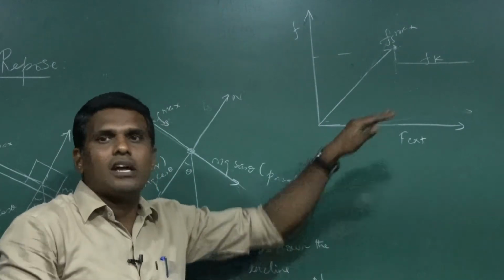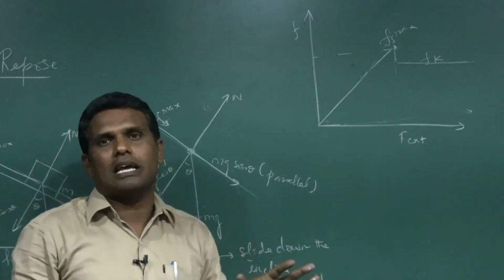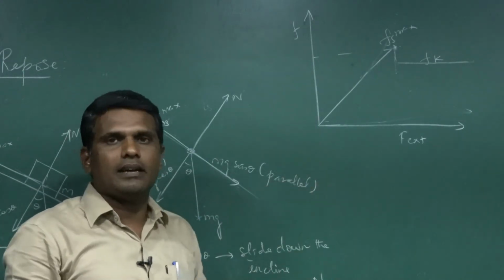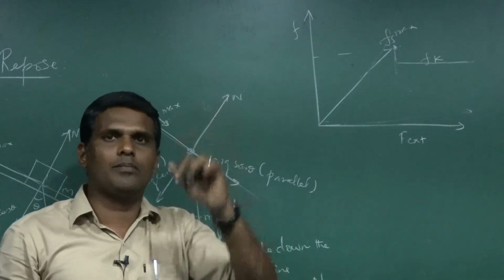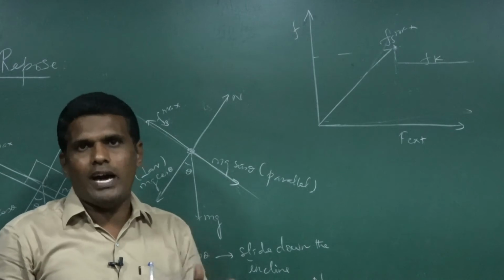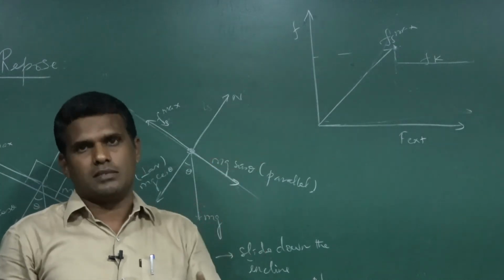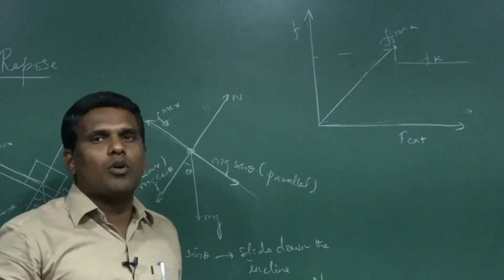So what you can understand from the graph is that when the object begins to slide, the static friction Fs will attain its maximum value, Fs maximum. That is the value of the maximum frictional force where the kinetic friction begins when the object starts sliding over the surface.